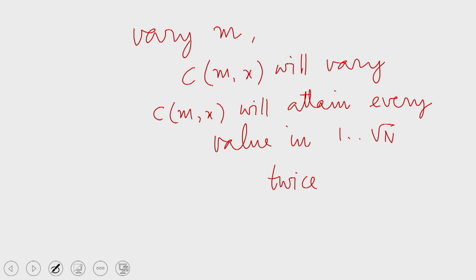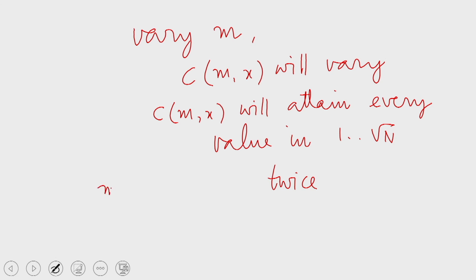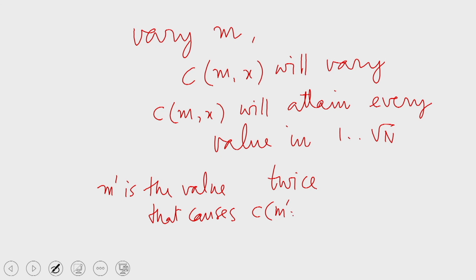All we need is one particular value. Suppose m prime is the value that causes C_m'(x) to be 1.